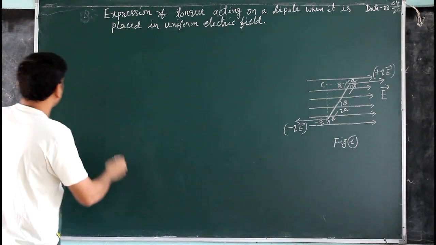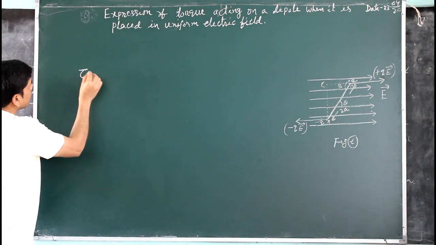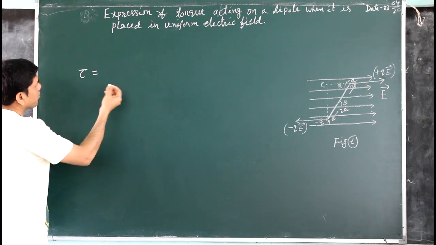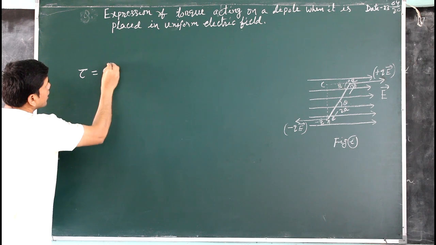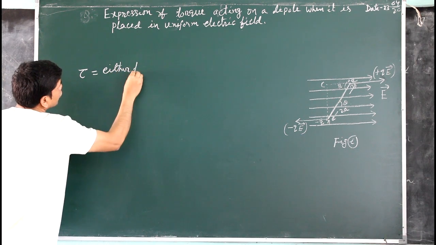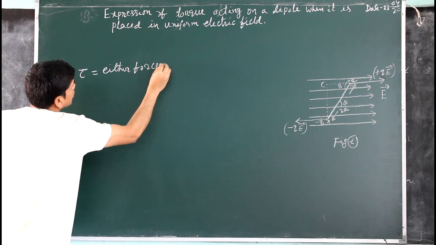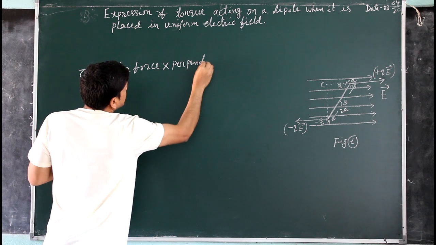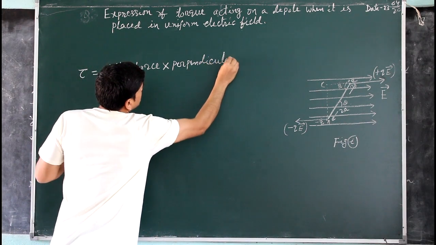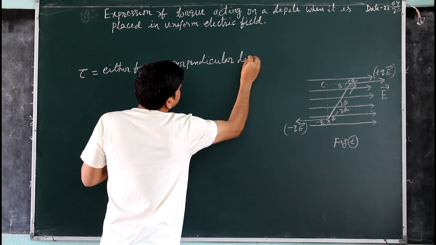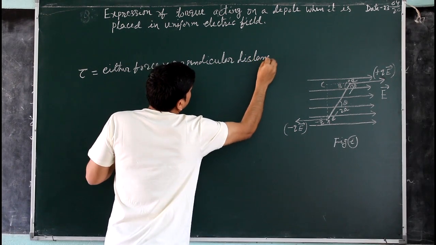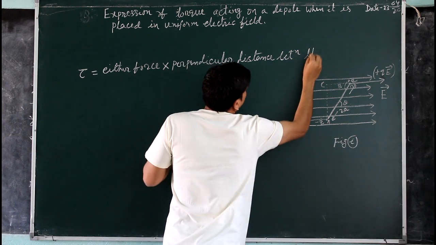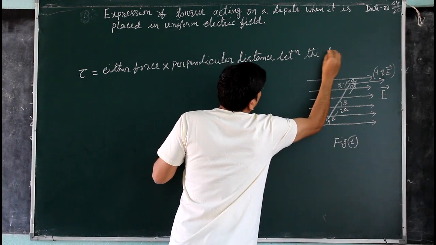Now torque, you know, torque is denoted by the letter tau. So torque, according to the definition or mathematical formula, is force into the perpendicular distance between the two forces.